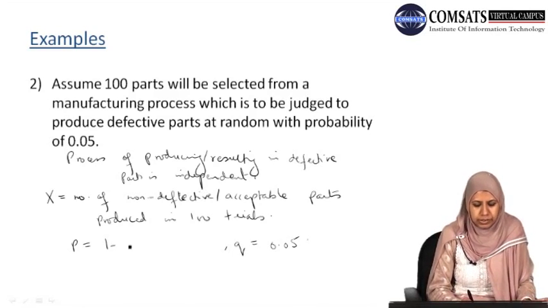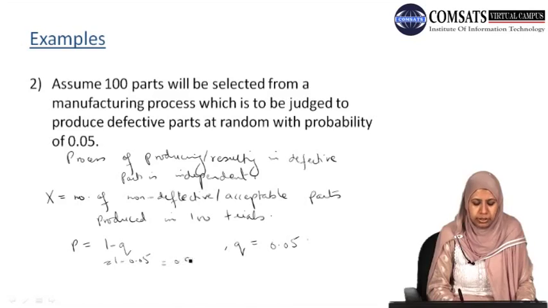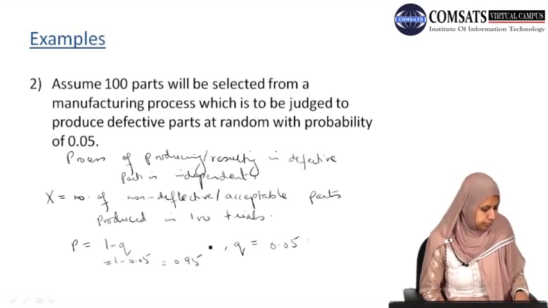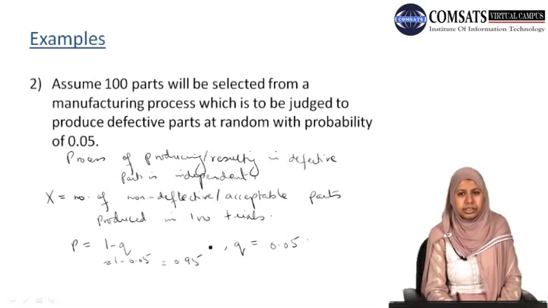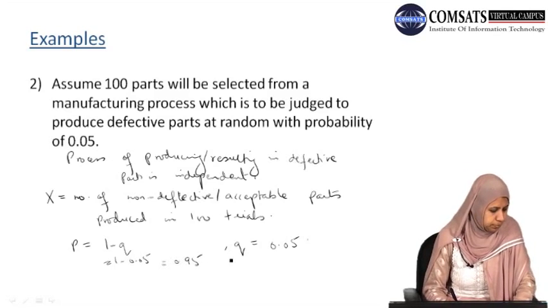So the probability of success, that an acceptable part is produced, is 1 minus q, which is 1 minus 0.05, which equals 0.95. And this is the successful outcome.